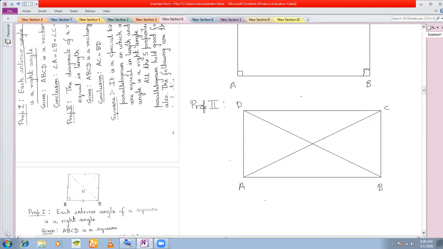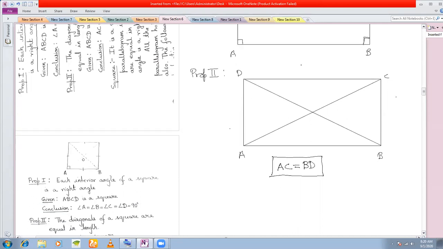Then the length of the diagonals, according to this property, AC is the length of this diagonal and BD is the length of the other diagonal. These two diagonals must be equal in length. This is what the property means. There is a small thing that I want you to note here. Not exactly a property, but what you can note here is that the diagonals are equal in length. AC is equal to BD.